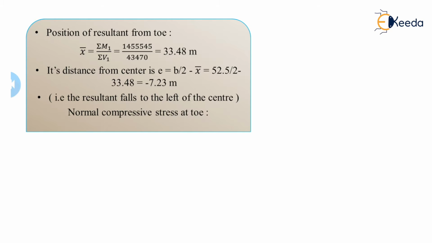And again, we want to find the distance from the center. The distance from the central line of the structure to the point where the force is acting is known as the eccentricity, and it is calculated using the equation e equals B by 2, that is half of base width, minus x bar.